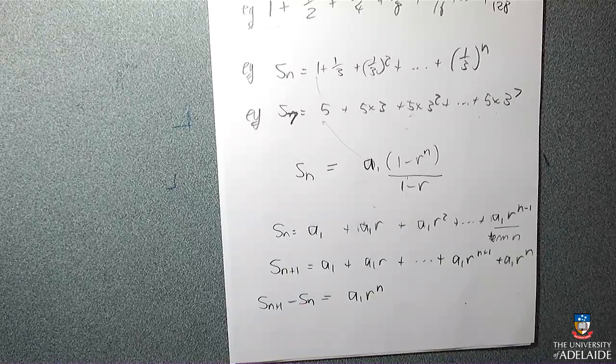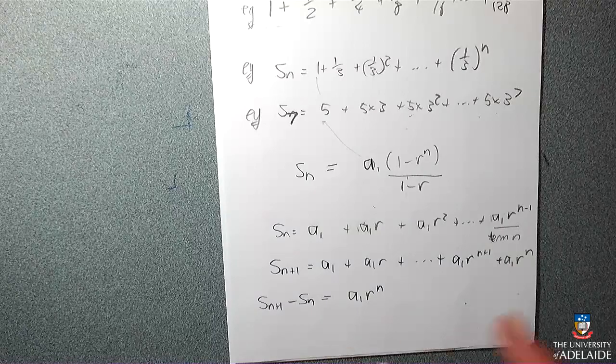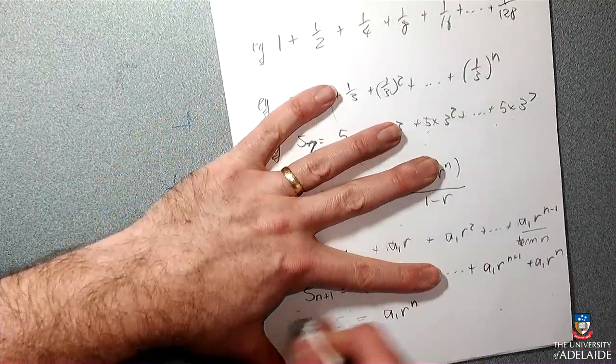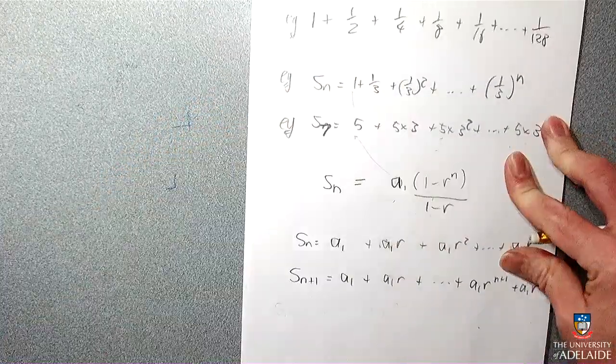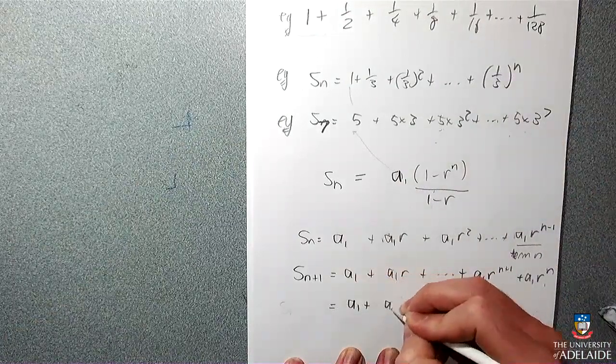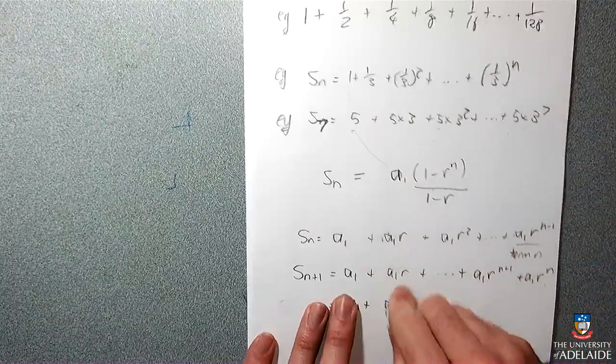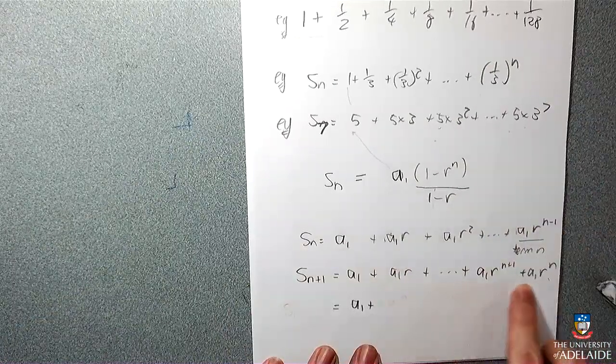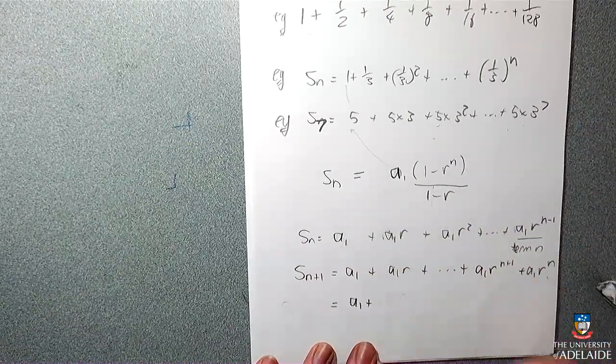Maybe that's not what I wanted. Ooh, this is better. Oh, look at this. Look, all of these have an R in them. So I can do this.